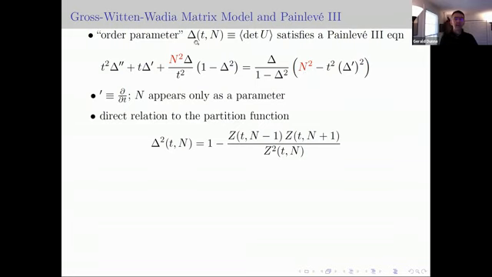This delta is something from which I can construct all of the other interesting stuff, the partition function, the specific heat, the free energy, et cetera, through this Toda-like equation relating to the partition function. So basically, I'm going to work with this delta, just knowing that all of the trans-series structure I derive for delta will be inherited by the physical functions like the partition function and free energy, et cetera.